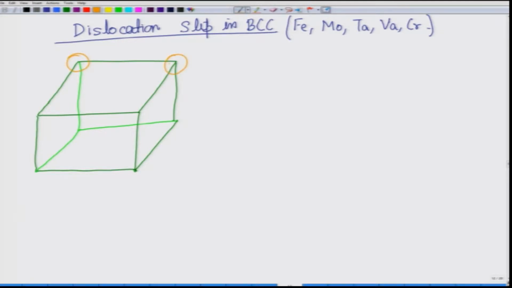So, these are the positions of the atoms. And this is BCC, so there is a body centered atom over here.